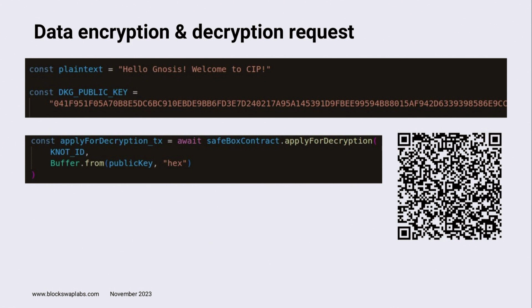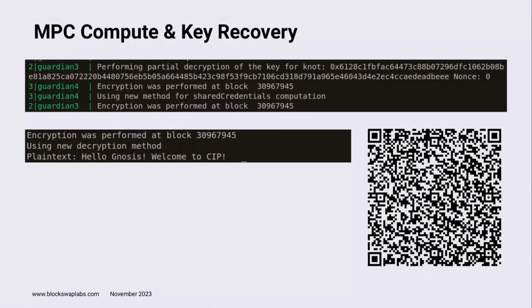You could check these encryptions and also the decryption requests. After that, these guardians fully independently run the network, and they are processing these decryption requests and performing some computations on top of that. After they performed some computations, the requester could grab this data, decrypt it, assemble it, and get the initial plain text.